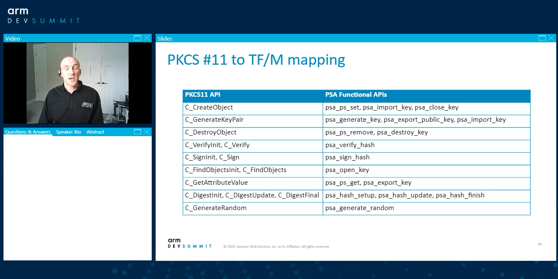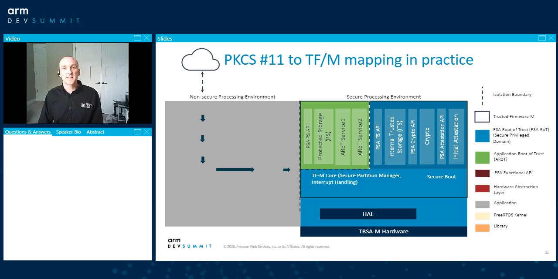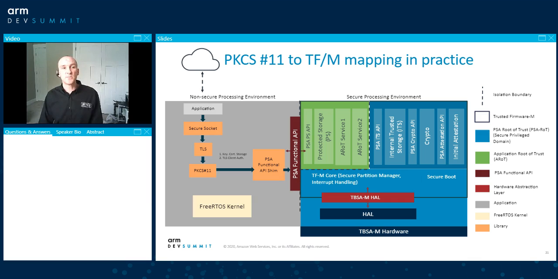Now, I was going to show the source file that performs this mapping, but I figured that was not that helpful because it's out of context. So I've opted just to show a table that shows this mapping. It's not a one-to-one mapping. You can see sometimes when we call a PKCS 11 function, it maps to more than one PSA function. And sometimes when we call a couple of PKCS 11 functions, it maps to a PSA function.